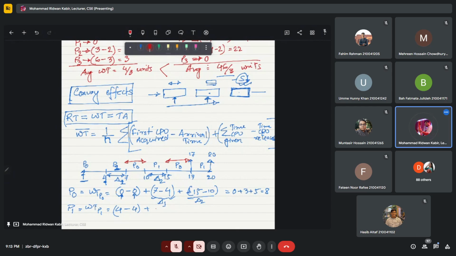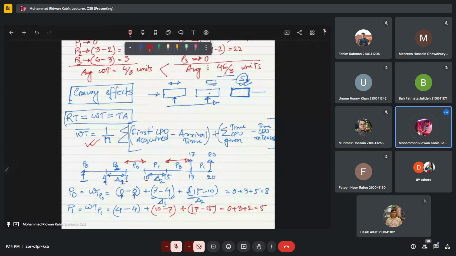It is 10 minus 7 because it released the CPU at 7 and got it back at 10. So 10 minus 7 plus, again, it released the CPU at 15 and got it back at 17. If you sum these values, you'll get 0 plus 3 plus 2, which is 5. So these are the individual waiting times for these two processes following this particular formula.